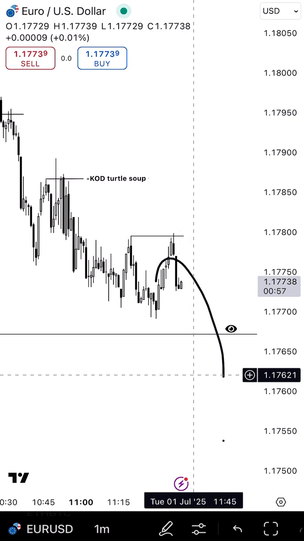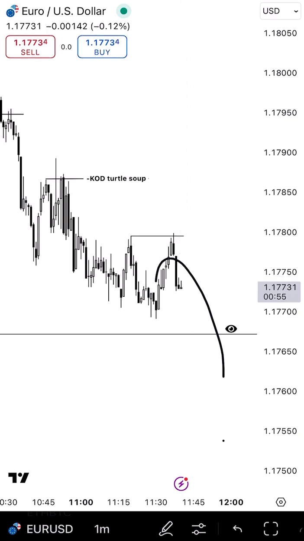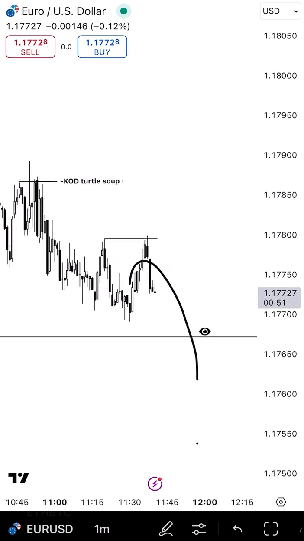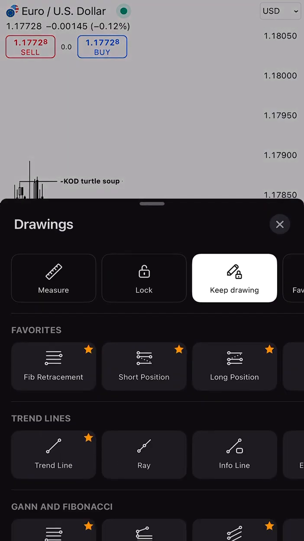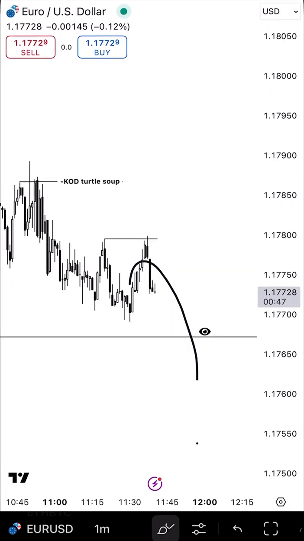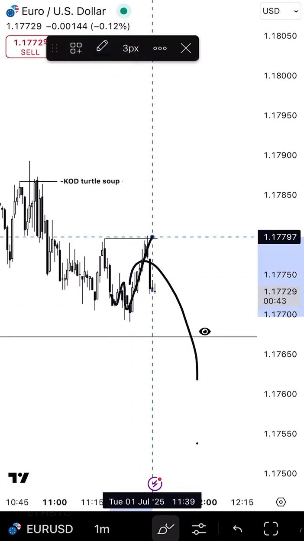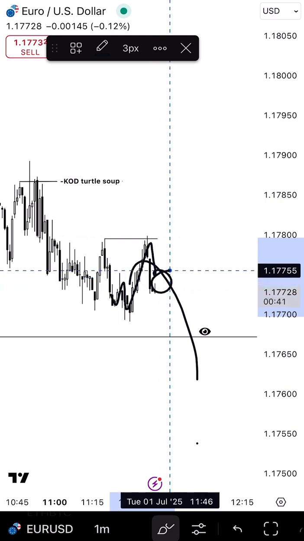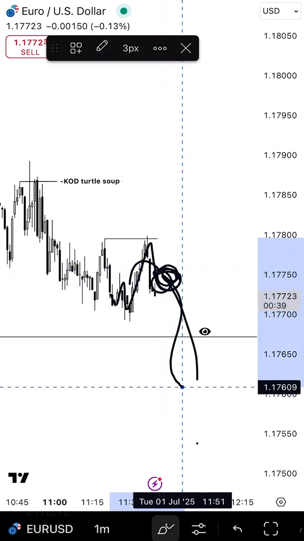Time is it? Yeah, it's probably time. It's probably time for all the OTE buyers right now to get wrecked. This fake OTE buyers buying over here all the way down.